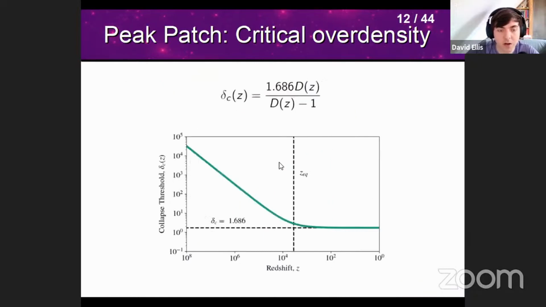We can go through this process for each overdensity, and we can work out a threshold of collapse that looks something like this. For very high redshifts, we require the overdensity to be very large for it to collapse, and as we would expect, it tends towards the traditional value at late redshifts.